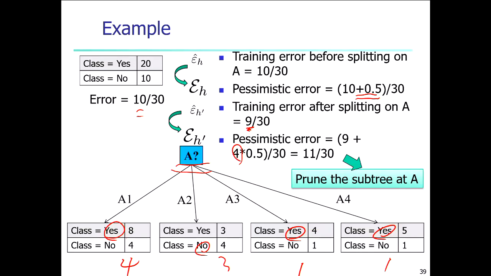Then the pessimistic error is 11, which is larger than the pessimistic error of the node A. Which means if we split on A, we will get a larger pessimistic error, which means the penalty is too large. That's why we need to prune the subtree at A. So we will leave A as a leaf node. And we will give the label of A as yes.